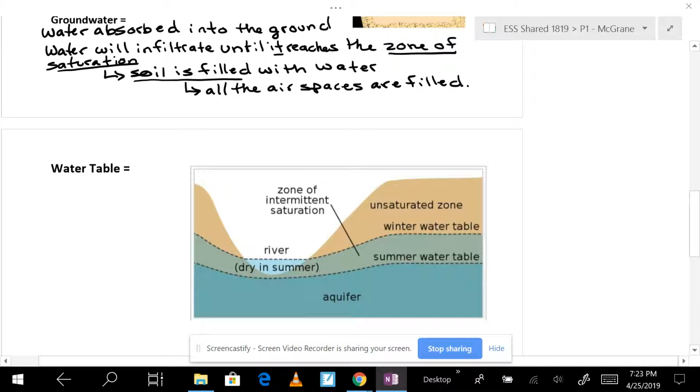Okay, so when we're talking about the water table, it's like an imaginary line, but I mean, it's not imaginary, it's there. It's a line which separates the saturated zone from the unsaturated zone.